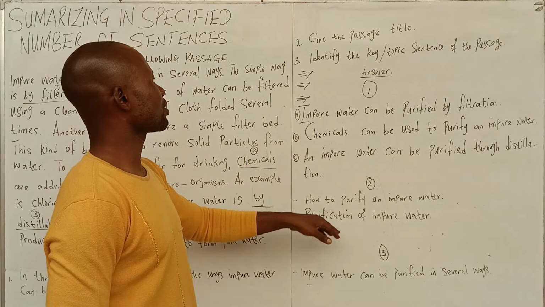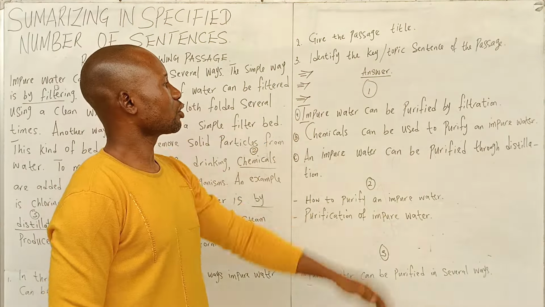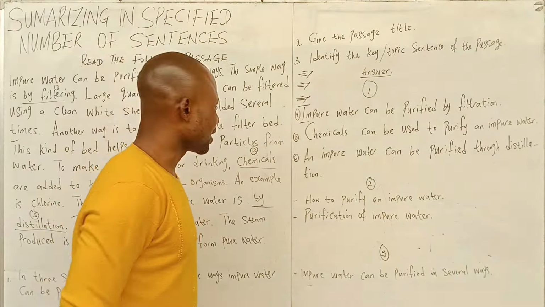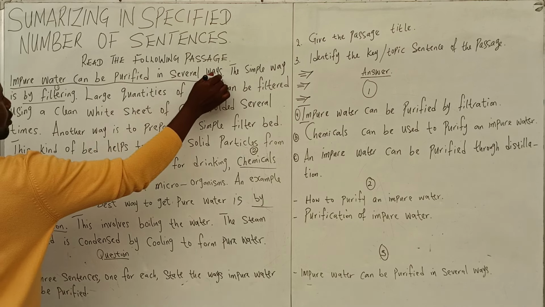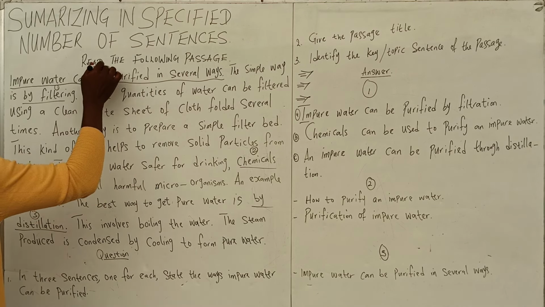Then question number 3, identify the key sentence or topic sentence of the passage. This is it, but I want to underline it here, and I will explain.